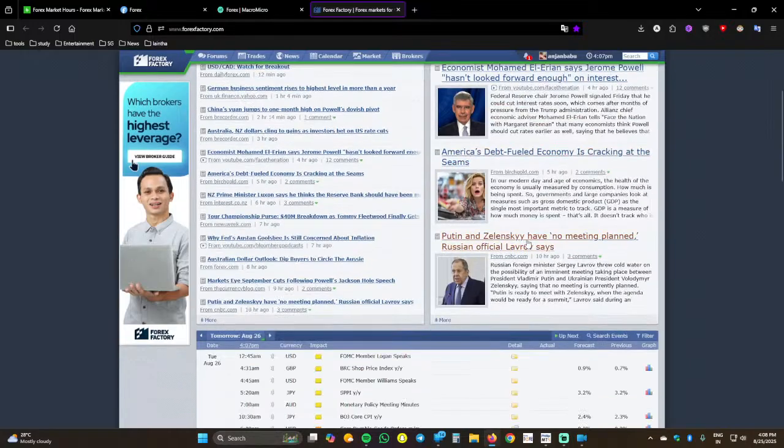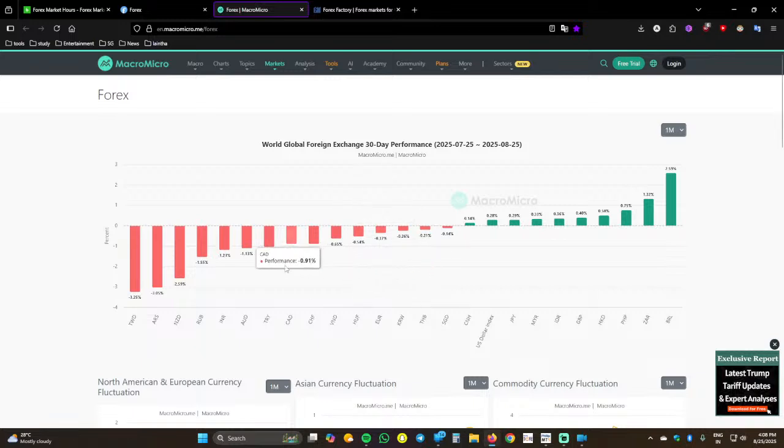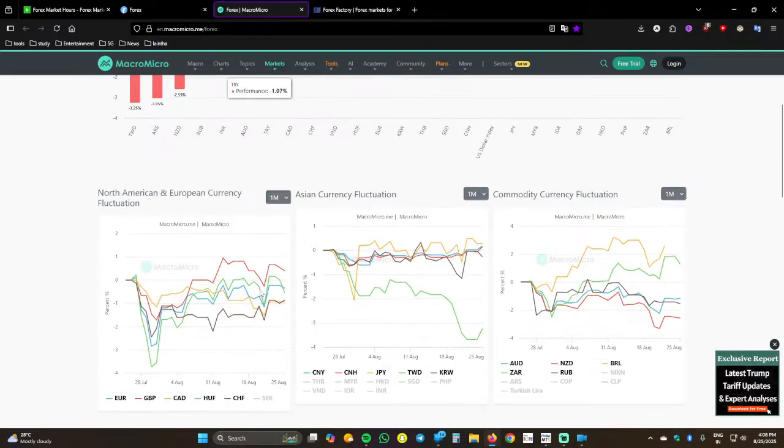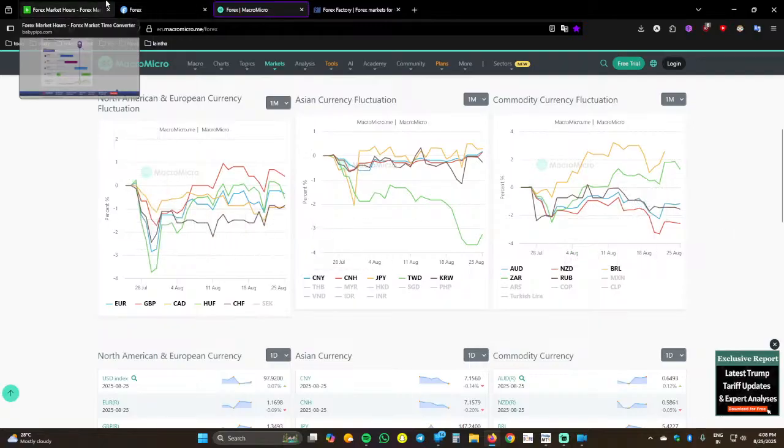If you're seeing headlines, the war is still going on. Nothing much different. We know everything that's happening around the world. Looking at other currency details, you can see it's almost the same as what we saw last week.